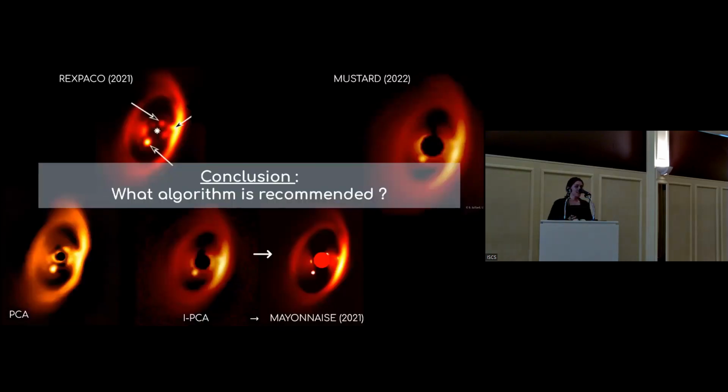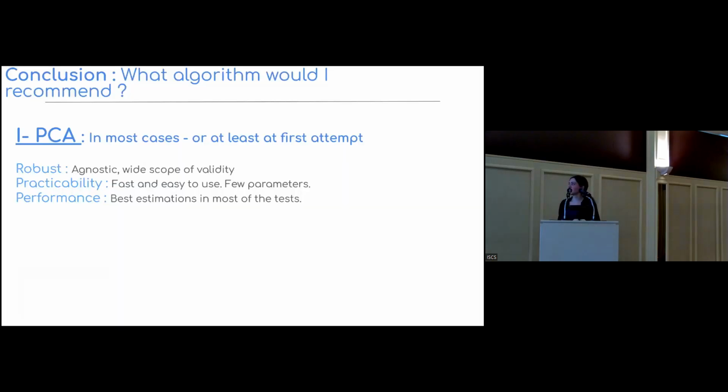Conclusion based on this analysis: what algorithm should I recommend to an astronomer for their data set? I would recommend using the iterative PCA in most cases, or at least as a first attempt, for its combined robustness, performance, and practical stability, which is not something we put in the table, but it is an algorithm that is fast and easy to use compared to the inverse problem approach.